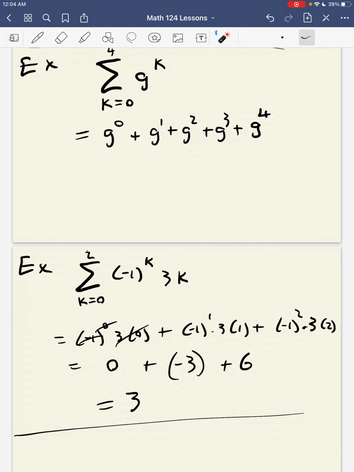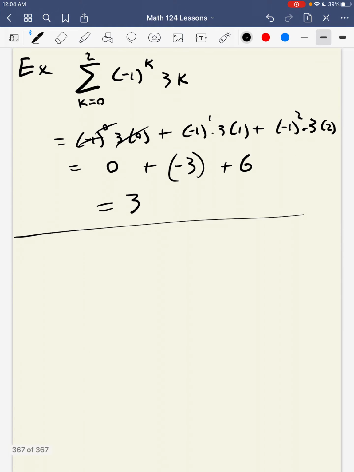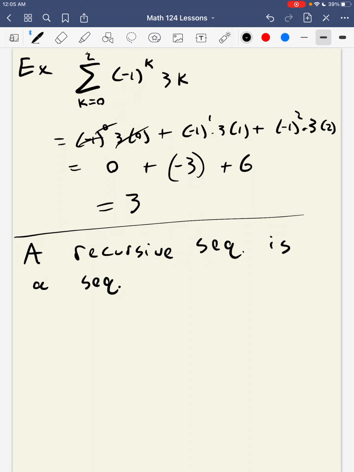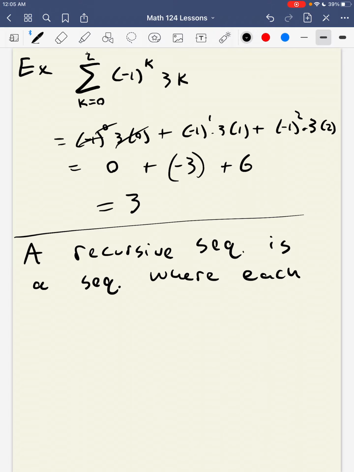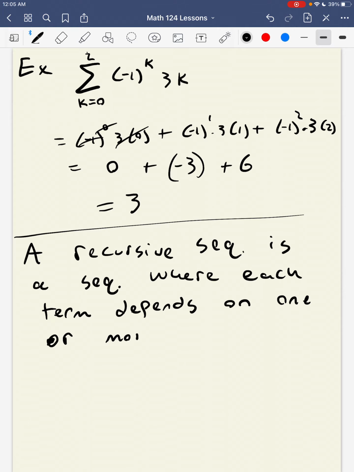Okay, and the last thing I want to talk about is a recursive sequence. So, a recursive sequence is a sequence where each term depends on one or more of the previous terms.